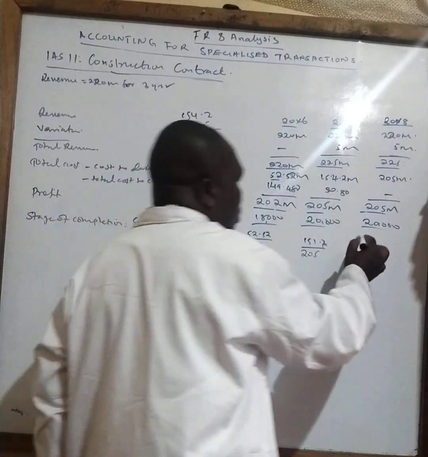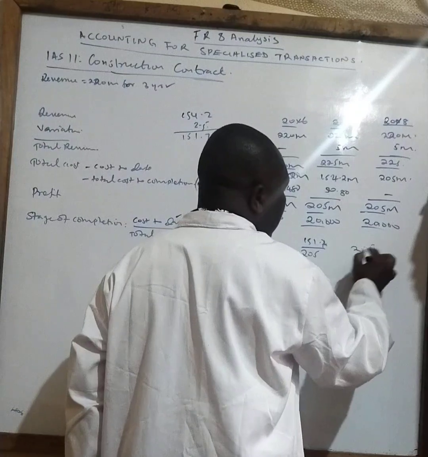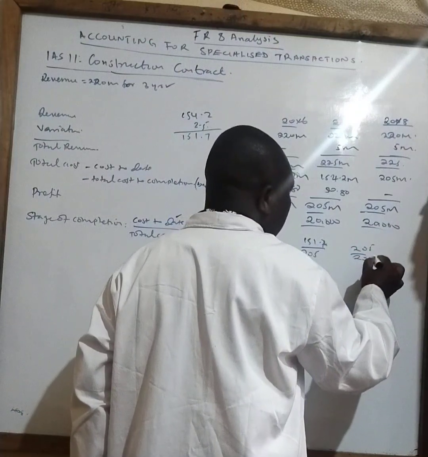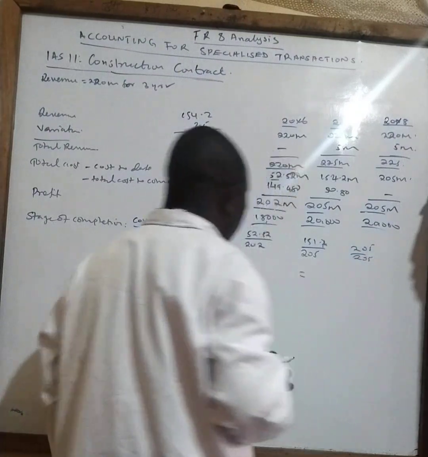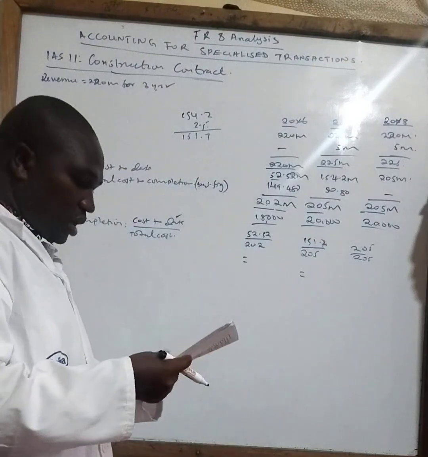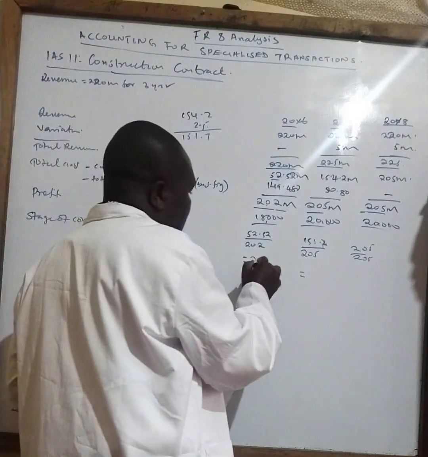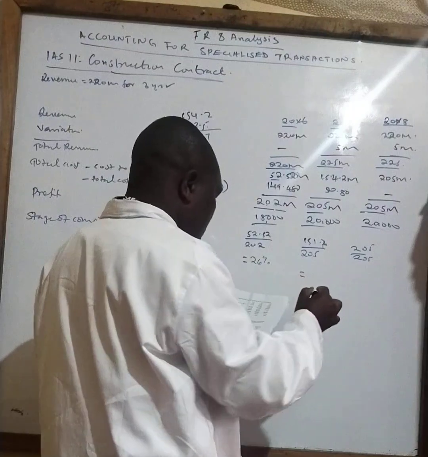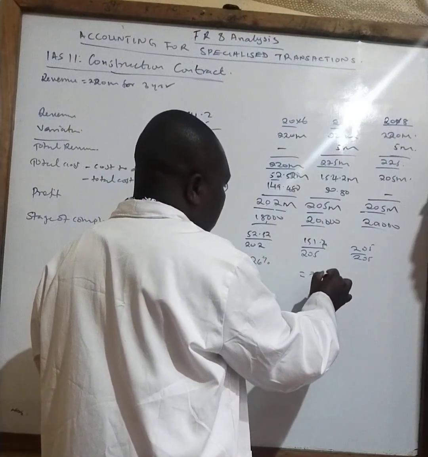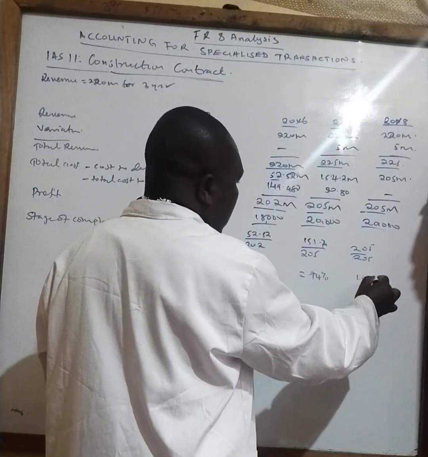Then from there, this one will be 205 divided by 205. So what is the percentage there? If you work out this one, you will get 26%. This one will give you 74%. And this one will give you 100%.